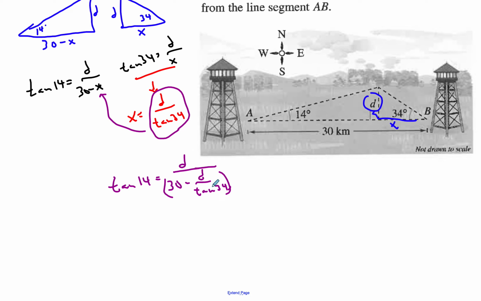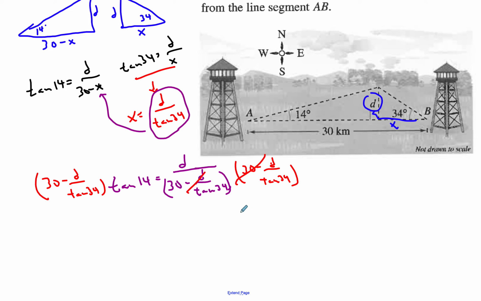Actually, I'm not going to do that. I'm just going to multiply that out. Does that make a difference? Well, we'll just do it the way I did it before. If I multiply both sides by 30 minus D over tangent 34, right?